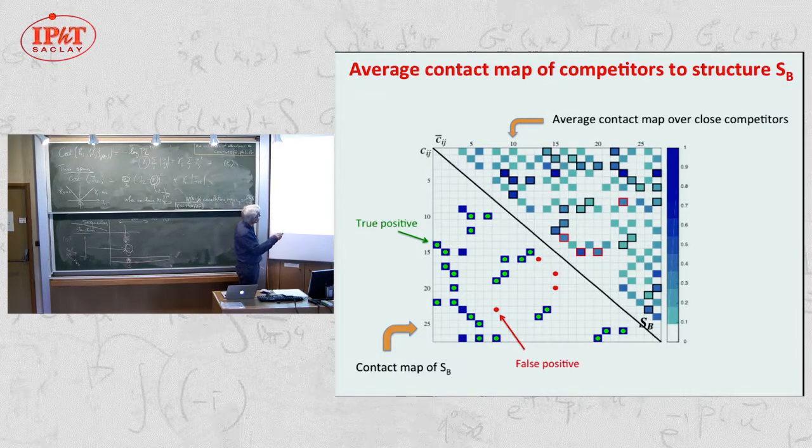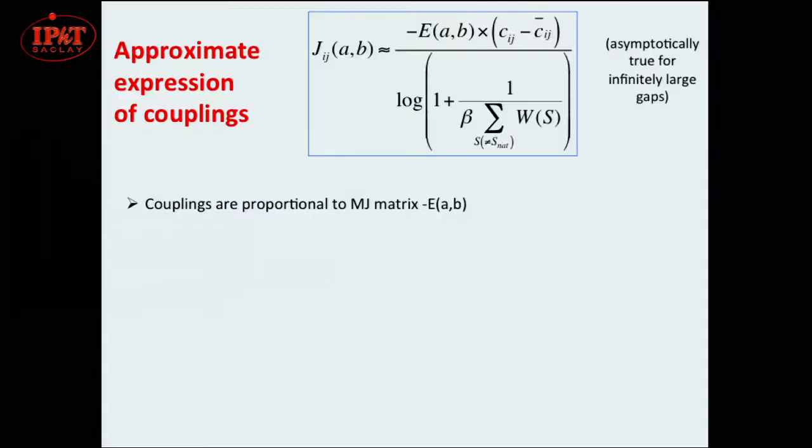Obviously, there are other large ones, but some of them were already in contact in this structure, so we don't care. But for these ones, the C bar ij averaged over all the structures in competition is large. So in most of the other structures they are in contact, but not in the native fold. So that's the reason. Okay.